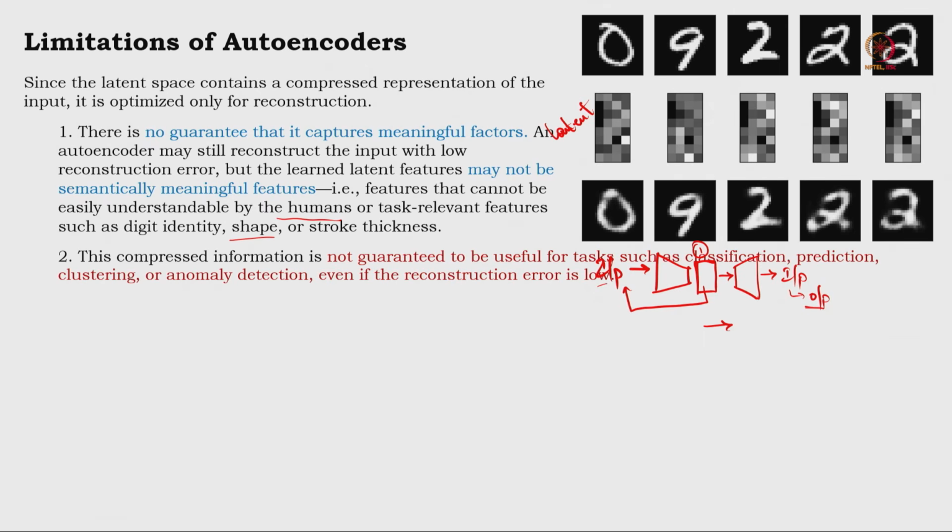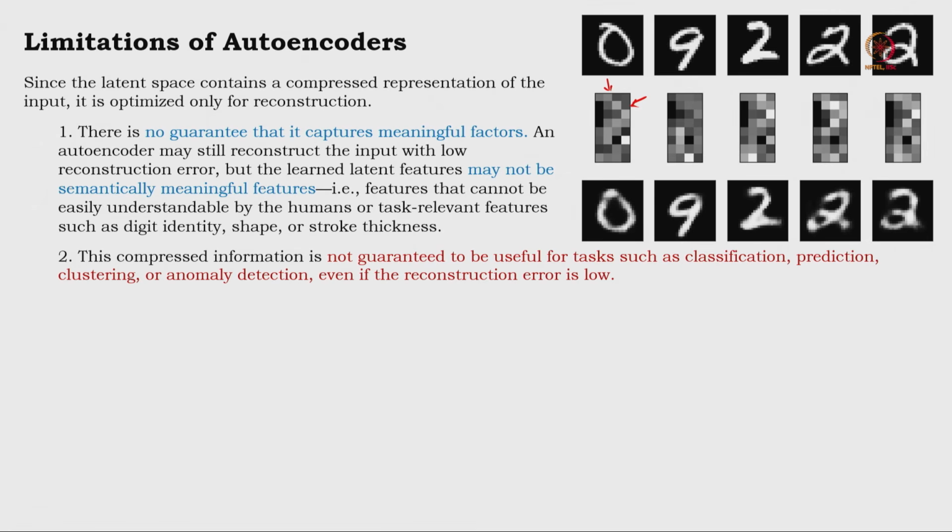Now, the second limitation with respect to the latent space is this. We have obtained a compressed version by passing an input through the encoder. Whatever this compressed version is, which we call the latent space, those features cannot be used for specific tasks such as classification, prediction, clustering or anomaly detection. It is used only for reconstruction.